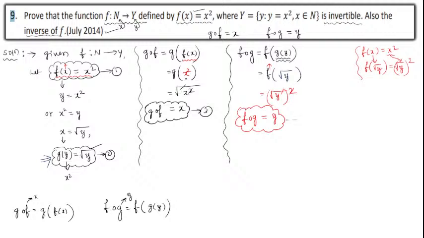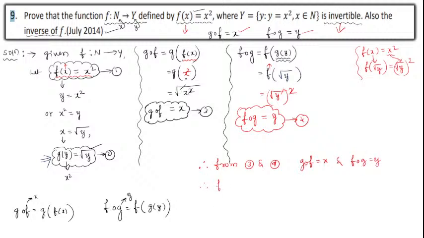Clear? So take this as equation number 4. I had told you, if you show gof is equal to x and fog is equal to y, then your function f of x will be invertible, right? Therefore the conclusion you have to write: from equation numbers 3 and 4, gof is equal to x and fog is equal to y.